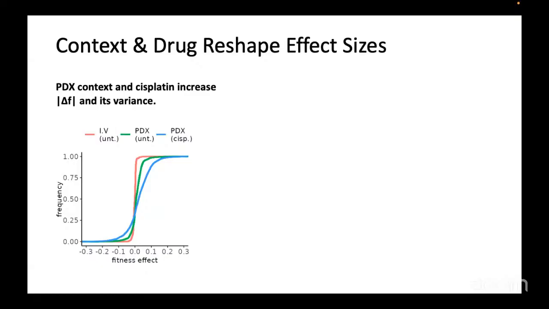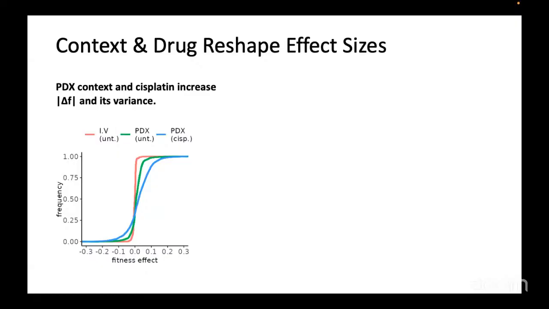So this is the in vitro, and you can see that the delta F values recovered are quite small. Then moving to PDX, you can see there's like bigger fitness effects. So what this is basically saying is that karyotype mutations have a bigger fitness delta in PDX compared to in vitro.